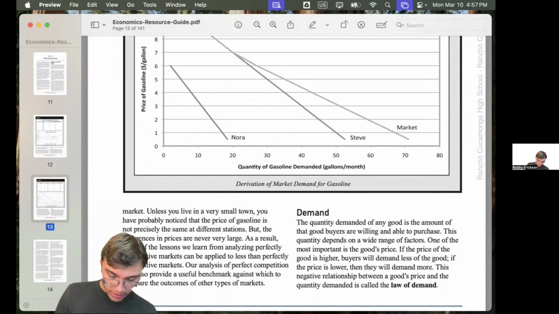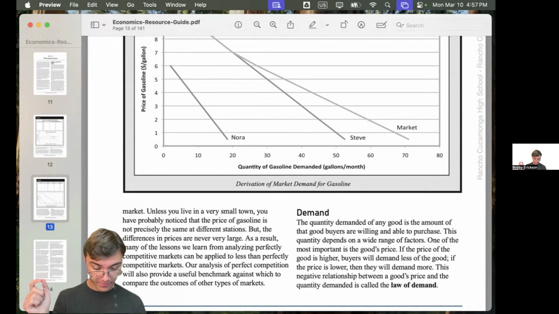Now, if you live in a small town, this may be different because there are not so many buyers and sellers. But if you don't live in a very small town, you'll probably notice gas prices are somewhat different at different stations, but those differences are not large at all.